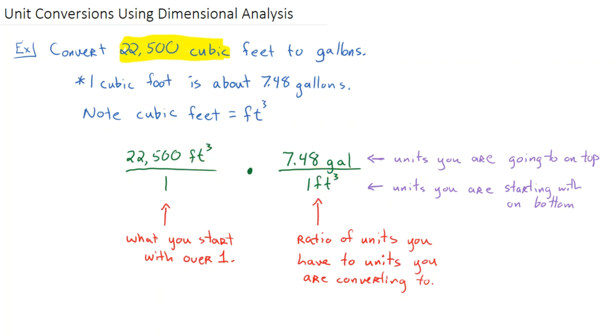The last thing I would like to emphasize is that with these unit conversions, we're always multiplying these two fractions that we set up. It's always multiplying when you're converting between units.